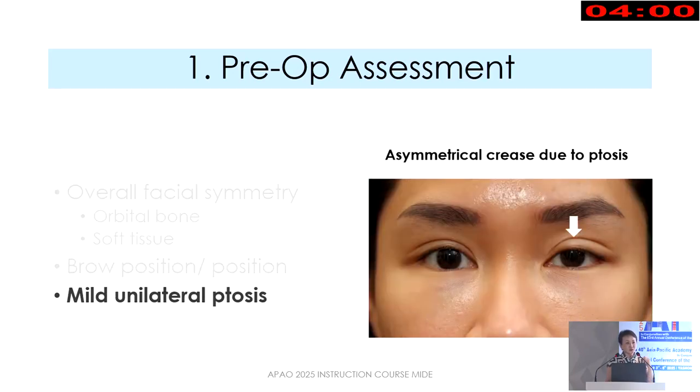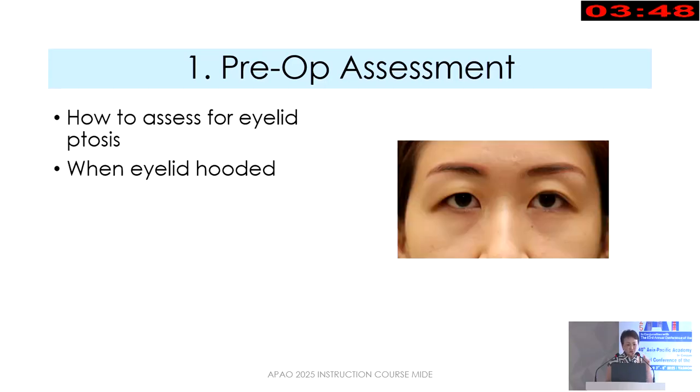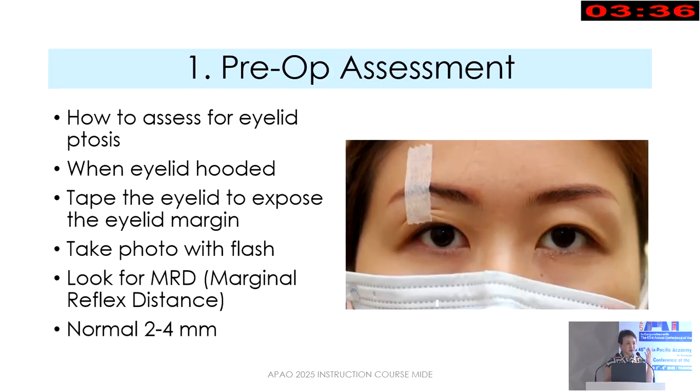And of course, you want to identify any very, very mild ptosis, especially unilateral, because this will also affect the final outcome. So for those who are not familiar with how to assess eyelid ptosis, a lot of patients will present with hooded, monolid, hooded lid. Some patients think that they have ptosis, but not everybody with hooded lid actually has ptosis.